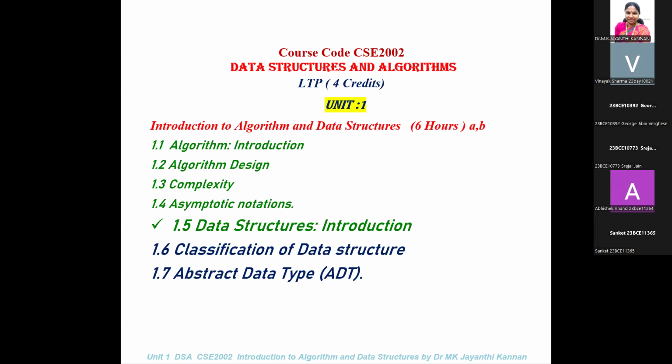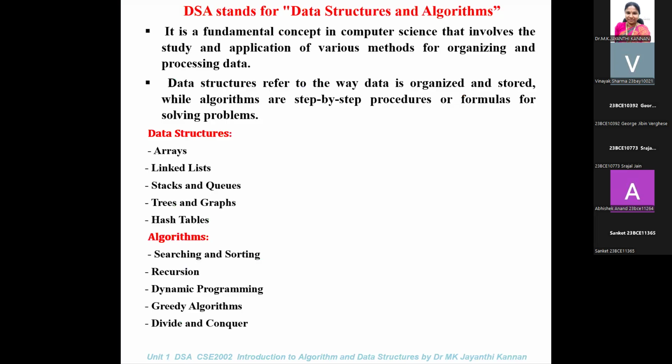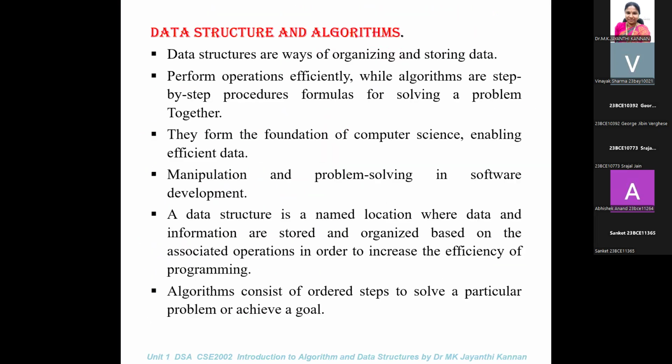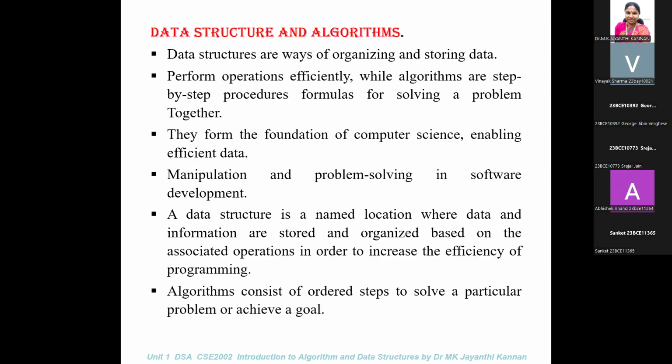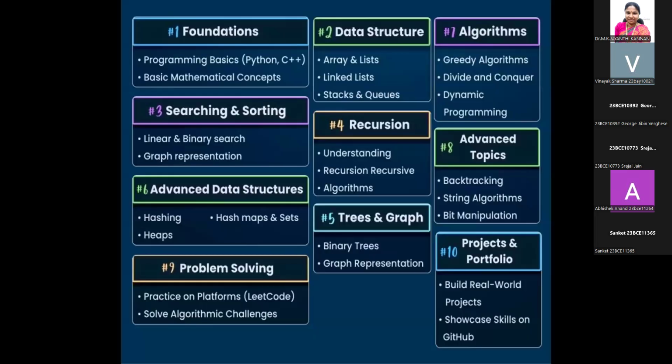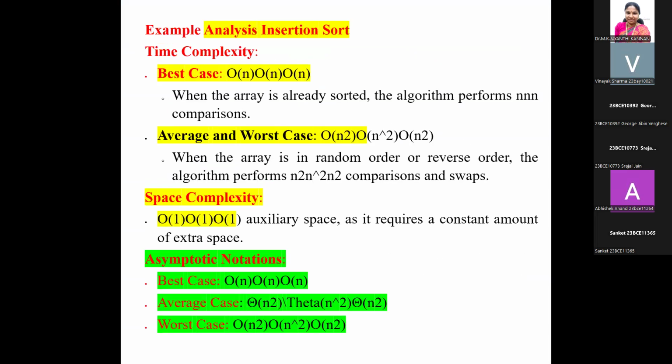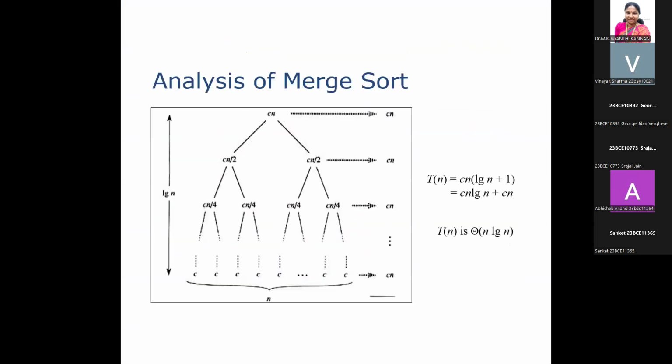And if the statement has a for loop, it depends on the number of elements we are passing to the for loop. Step by step, we need to calculate, and then we will find out the space and time complexity.